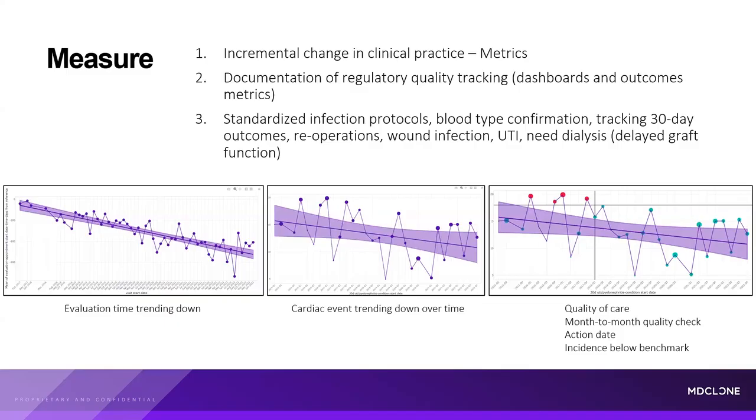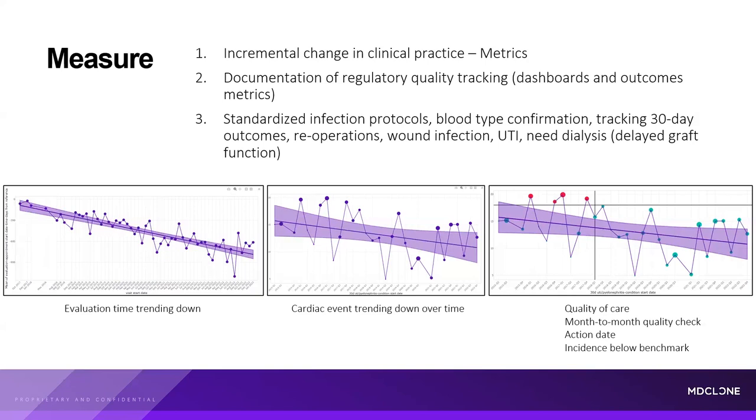Those are ways that the program was able to track documented action. Based on when that took place, we were able to measure some different metrics. On the left-hand side, we'll see that the time to evaluation trended down. It went from 16 months to 10 months, and then even less time as time went on.